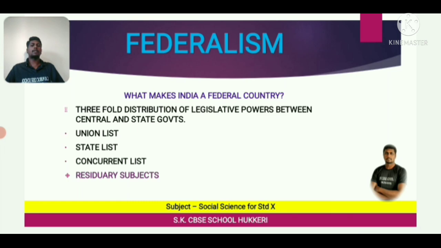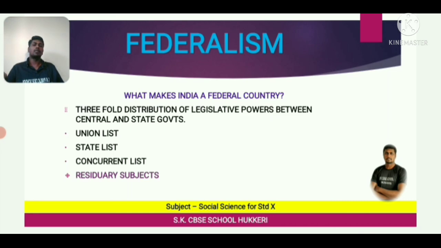The union and state governments have the power to raise resources by levying tax in order to carry on the government and the responsibilities assigned to each of them. See here, the union as well as state governments have their own powers to impose tax, to get resources, to get income, to carry out their day-to-day administration as well as to complete their responsibilities.